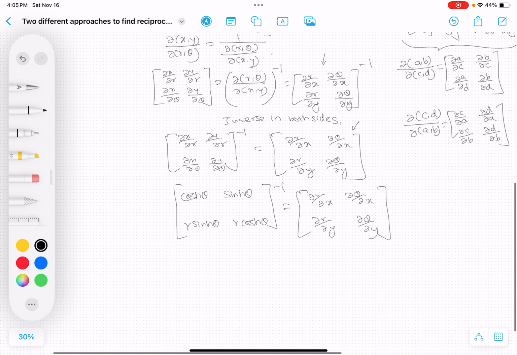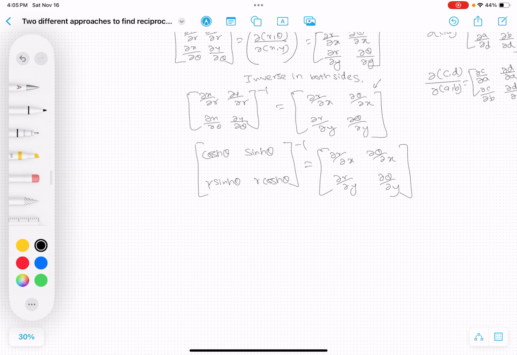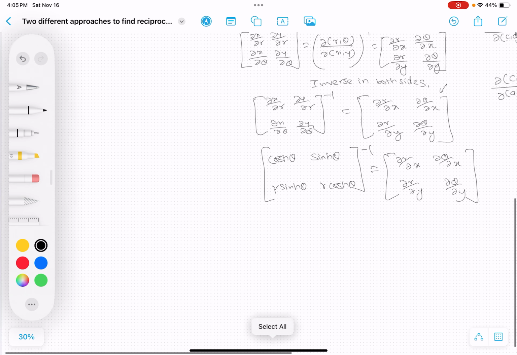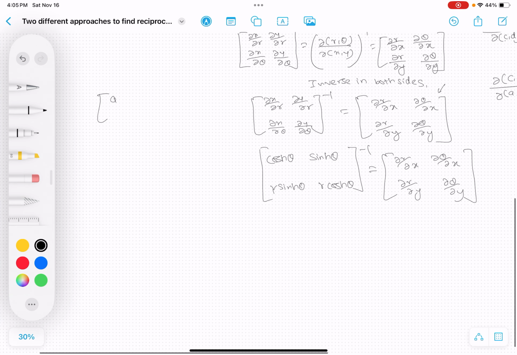And it has an inverse. Now to find the inverse, you know the drill, right? Just take the determinant. If you don't know, the inverse of a b c d will be 1 by ad minus bc times d, minus b, minus c, a, right? This is it, right?